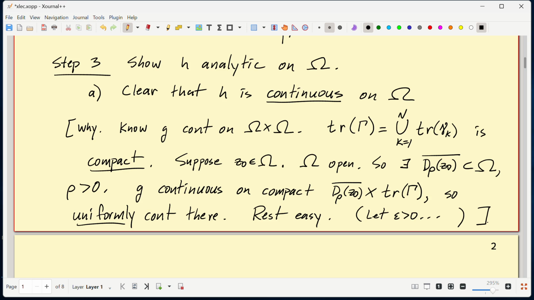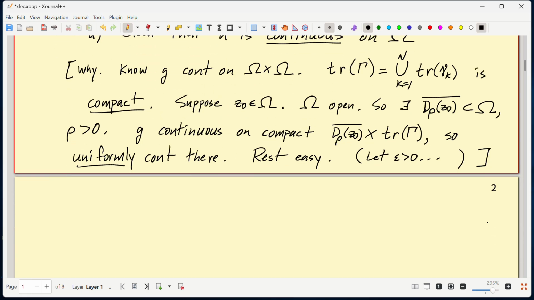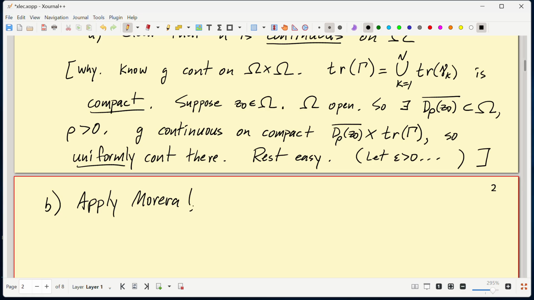Yes. Well, now for the very clever thing is to use Morera's. B. Apply Morera's. Okay, so let's see. Suppose gamma in omega is a triangle.